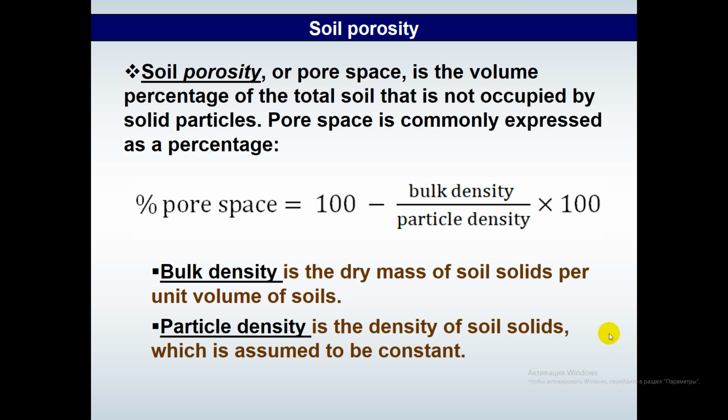The procedure to determine particle density is very important, and it should be noted that the range of particle density of common soil particles is very narrow, typically 2.6 to 2.7 megagrams per cubic meter.